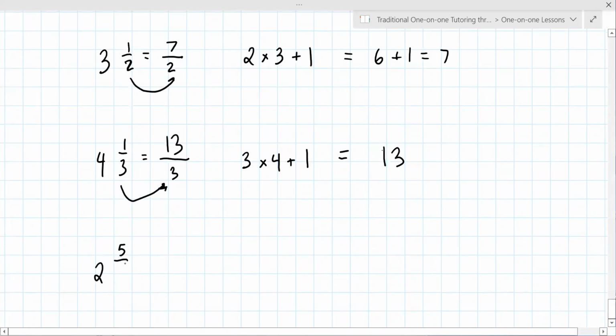2 and 5/6. Okay, so you take that bottom number, the 6, multiply it by the front number, and then you add the top number.